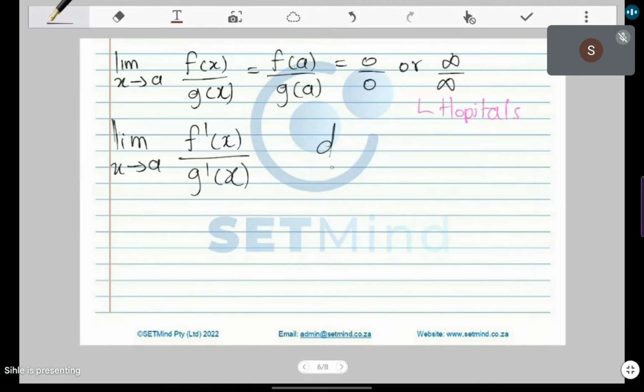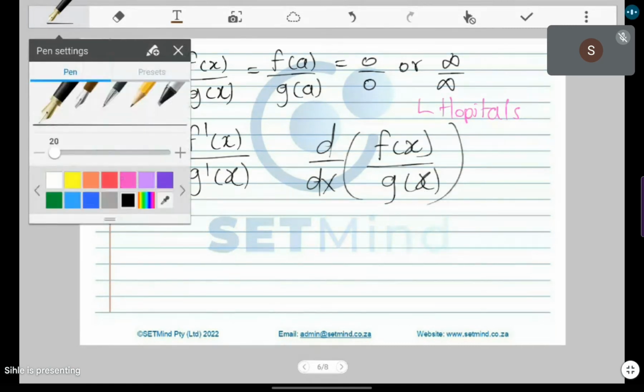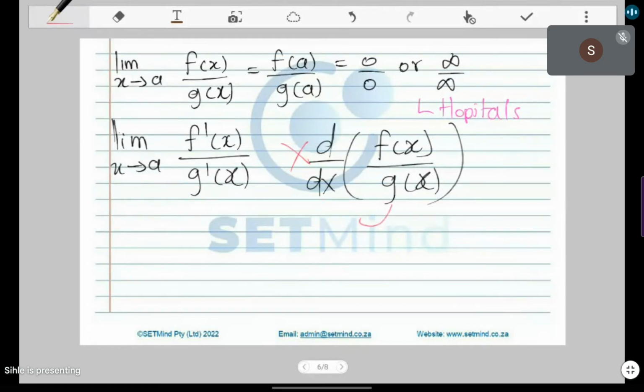So he's not saying to derive the whole fraction as one. His rule is not saying this. If he was saying this, then we would be allowed to use the quotient rule. But his rule is saying what I wrote here: derive the top function separately, divide by the derivative of the bottom function.